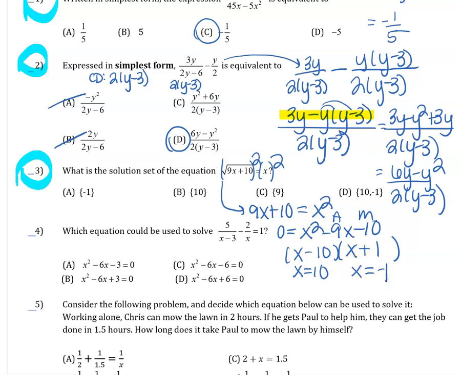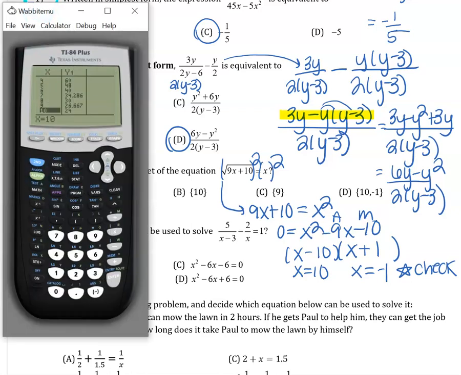Now you have to be careful here, okay? You always, always, always need to make sure you check to see if anything will reject. So if I grab my calculator, let's say I want to check 10. I'm going to store it as x. Type in the left side of the equation, radical 9x plus 10.